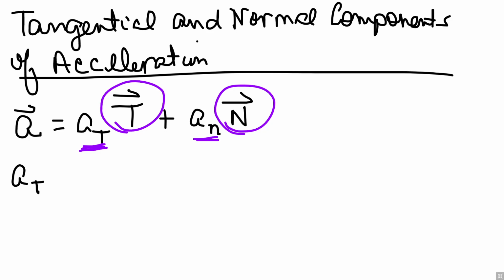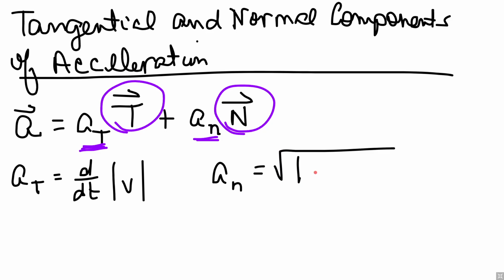To find a sub t, you're going to take the derivative with respect to t of the magnitude of the velocity. And to find a sub n, the shorthand way is the square root of the magnitude of the acceleration vector squared minus a sub t squared.